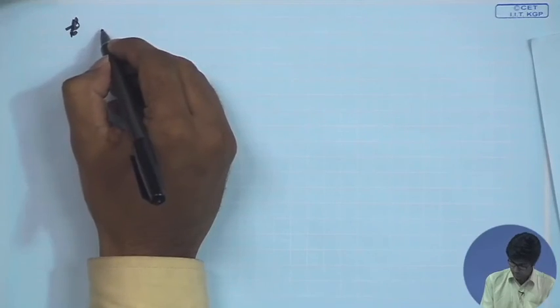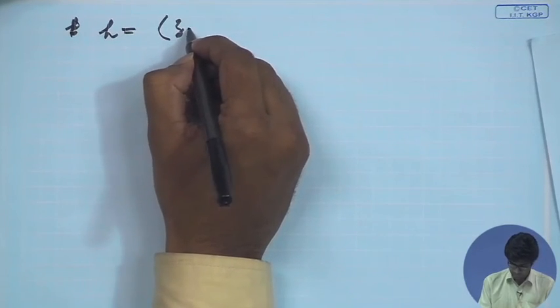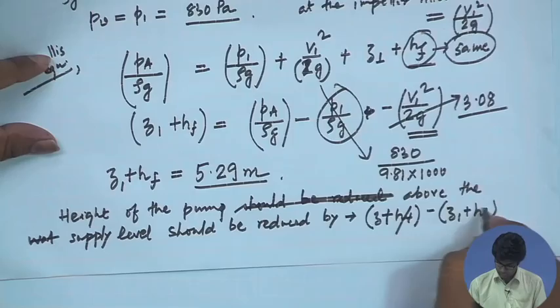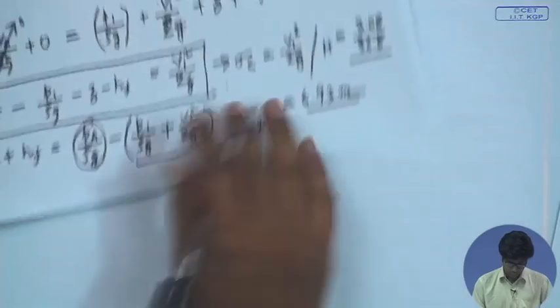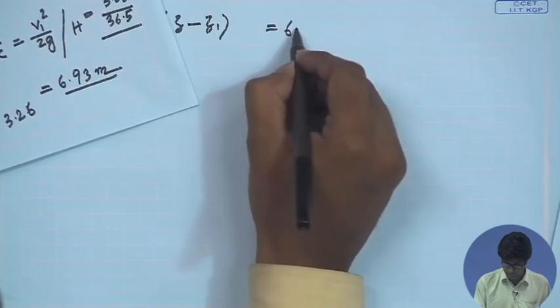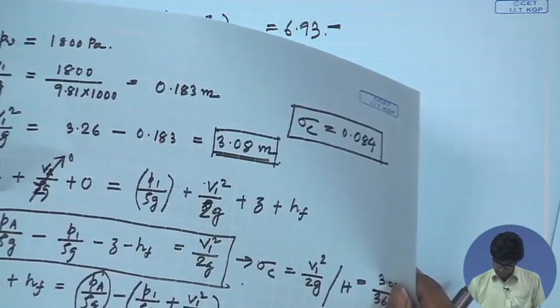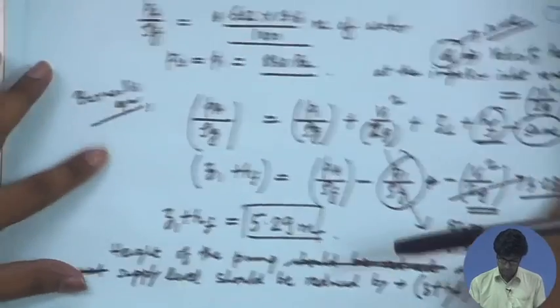Now, that is the height. The required height H is equal to Z minus Z1, since H_f is the same. This cancels out. Now, we have found the initial Z plus H_f as 6.93, that is 6.93 minus Z1 plus H_f, which we just found out as 5.29 meters.